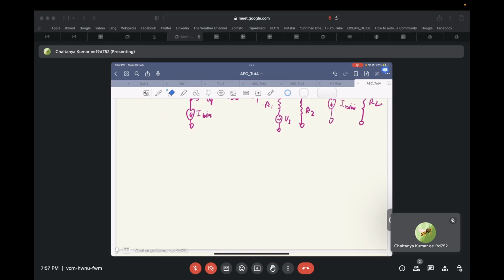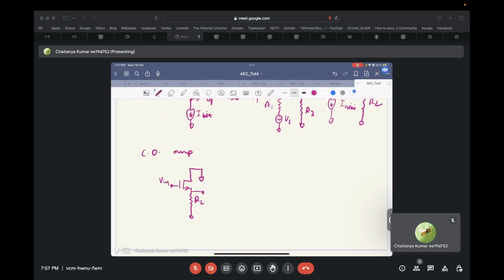So in the common drain amplifier also, in CD amp, if we look at it that way, RL over here, this is Vin over here.